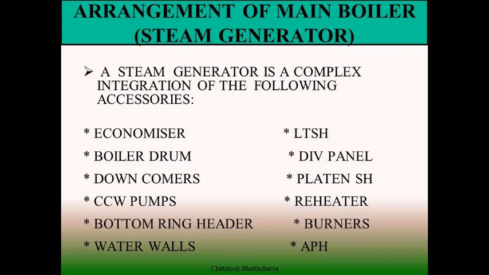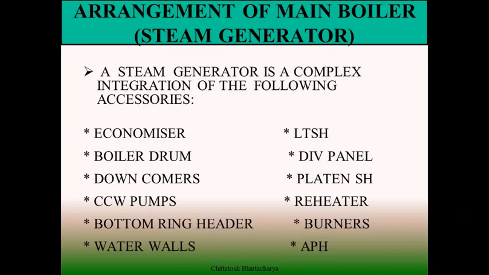So within the main boiler we find the following arrangements of pressure parts and other components. These are the economizer, boiler drum, downcomers, circulating pumps. There is a ring header at the bottom of the boiler which distributes water uniformly to all the water wall tubes.